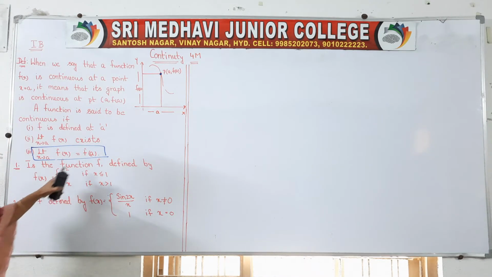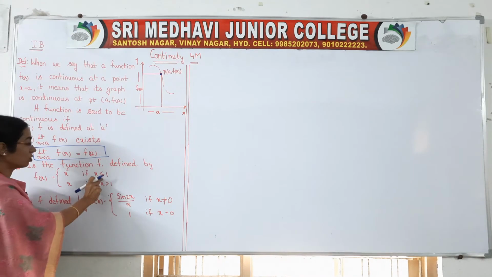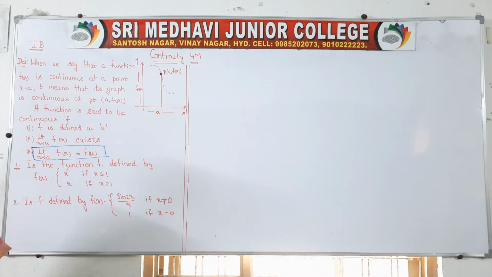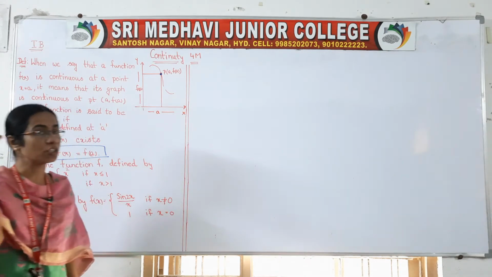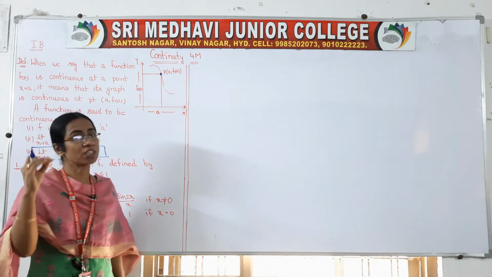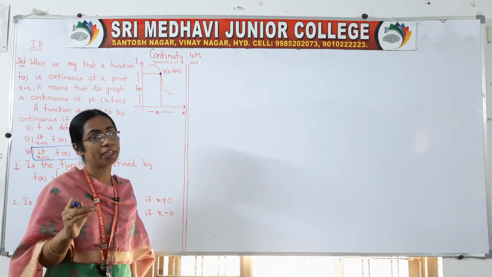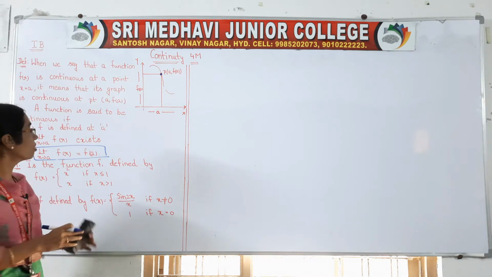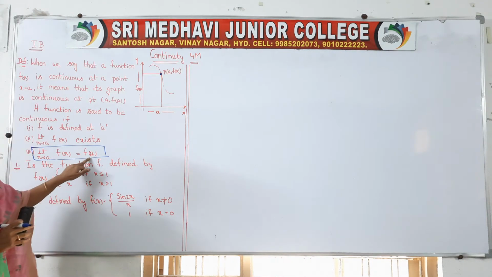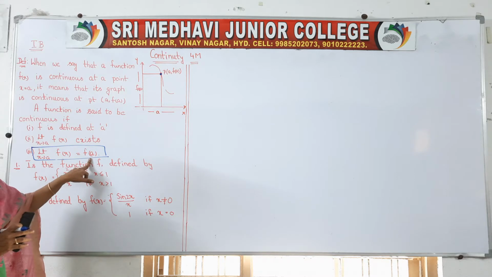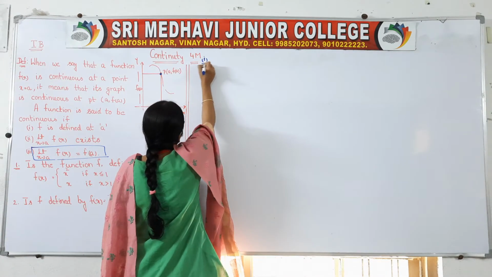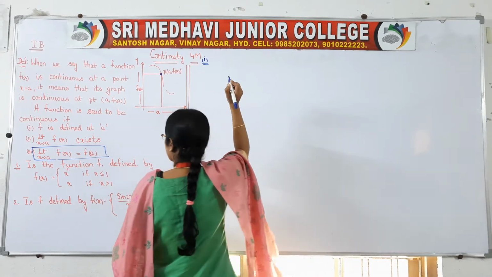Here the function is defined, it is given, and at x is equal to 1 also it is given, so the function is defined. For any function to be continuous, first it should be defined at that point, the limit of that function must exist, and the limit of that function must be equal to f of a. That is the condition.